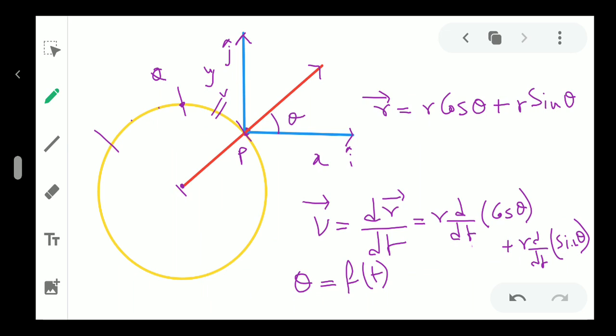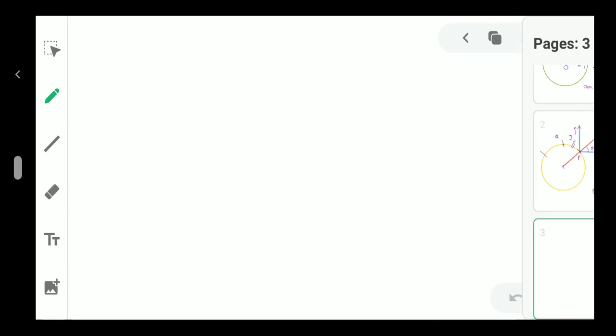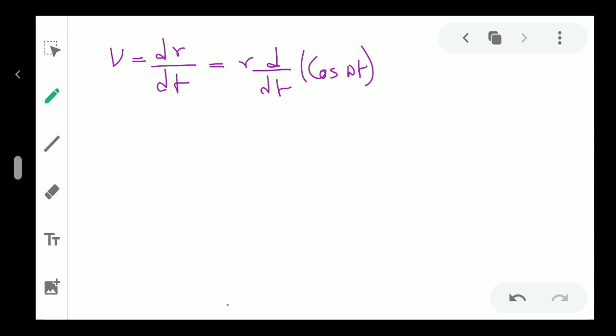Once I know that theta is equal to omega t, I can rewrite this equation. On the next page, you can see that my v, that is dr/dt, is r d/dt of cos omega t, because instead of theta I am writing omega t, plus r d/dt of sine omega t.